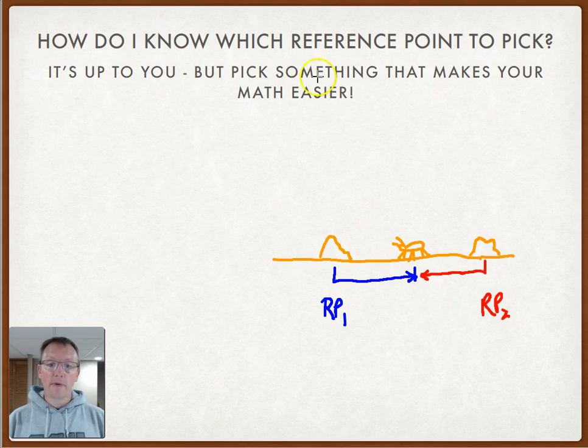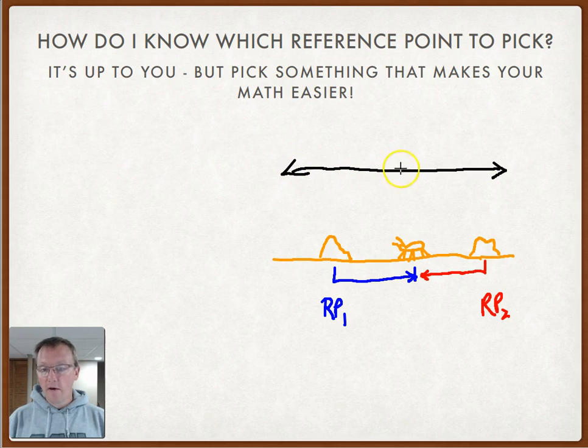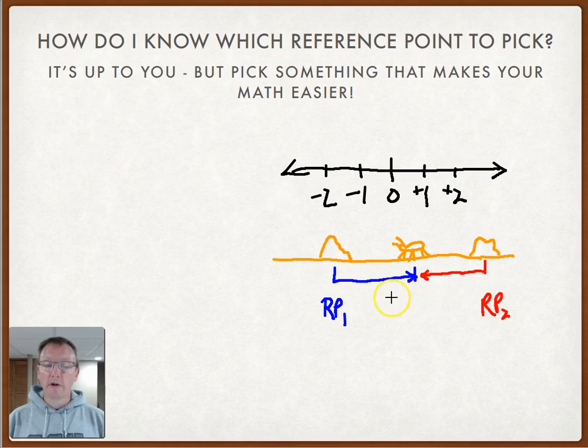However, it tends to be the case, as you might remember from your elementary science or math classes, that we have a number line, and in the number line, the reference point tends to be 0. Any number to the left is going to be negative, and any number to the right is going to be positive. So you can already start to think that one of these reference points is going to make your life a little bit easier.